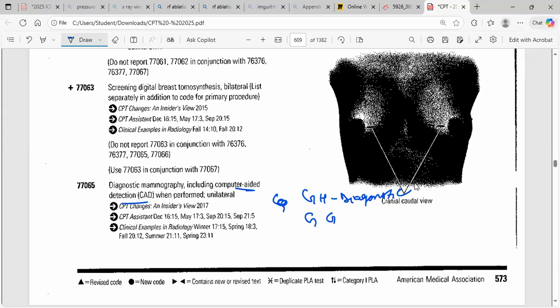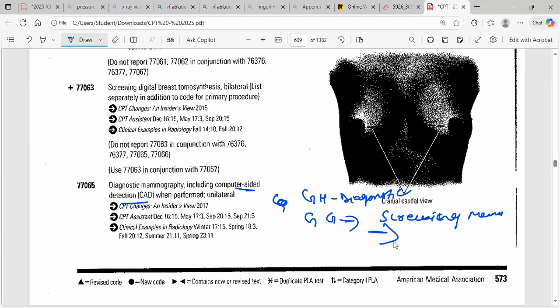So let's say the patient came for the screening mammography only, and the doctor found some abnormality, and after the screening mammogram, he did one more procedure on the same day.